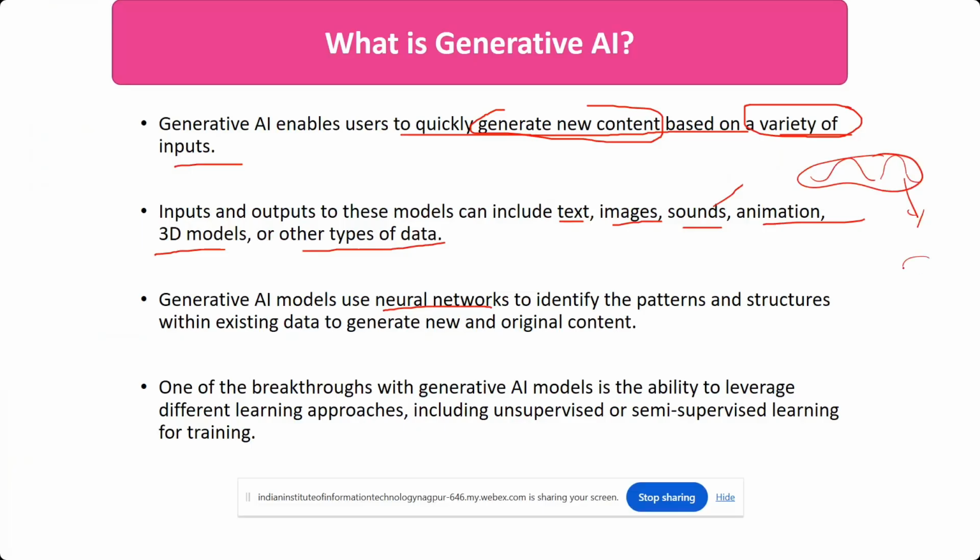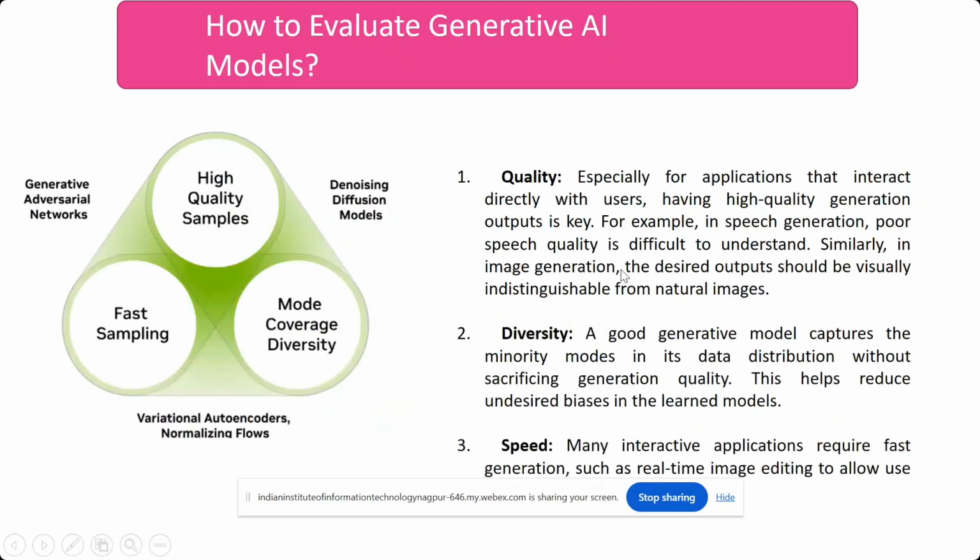It should be a different image from this data set, but it should look like an image from this data set. That is my goal in generative AI. One of the breakthroughs with generative AI models is the ability to leverage different learning approaches, including unsupervised and semi-supervised learning. So it is an unsupervised problem.